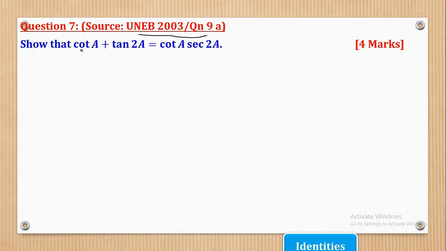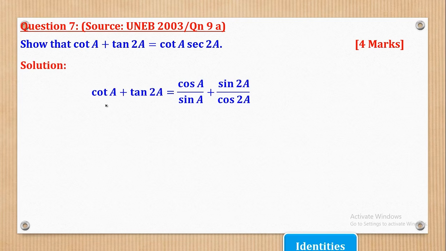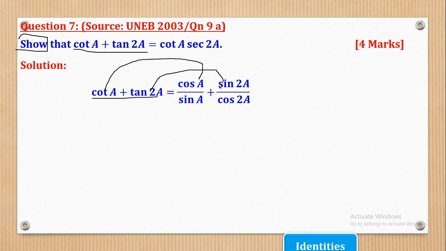It says, show that cot A plus tan 2A is equal to cot A sec 2A. So first of all, we shall begin from the left hand side. Here remember we are saying show. It means that we begin from one side and go to the next side. So from here, I remember that cot A is equal to cos over sine, and tan 2A is equal to sine 2A over cos 2A.